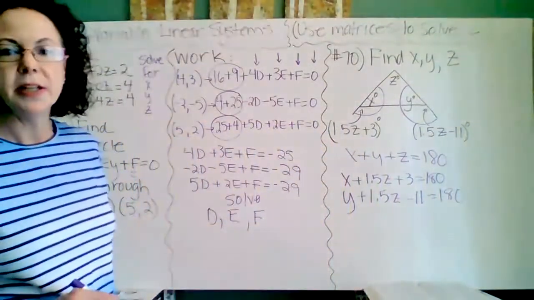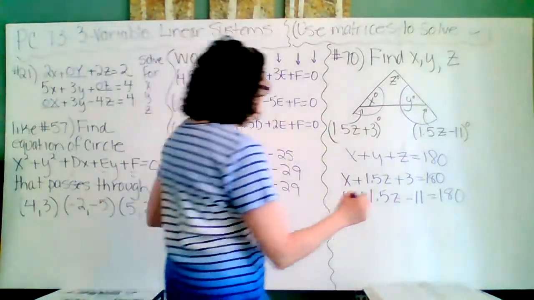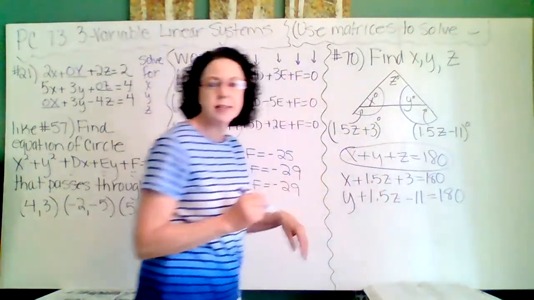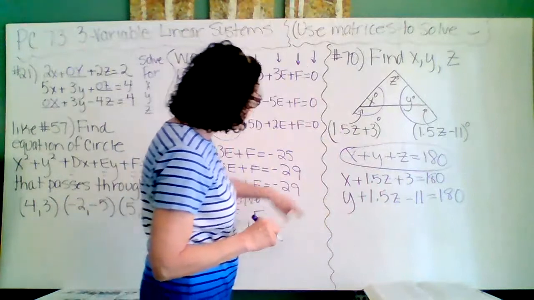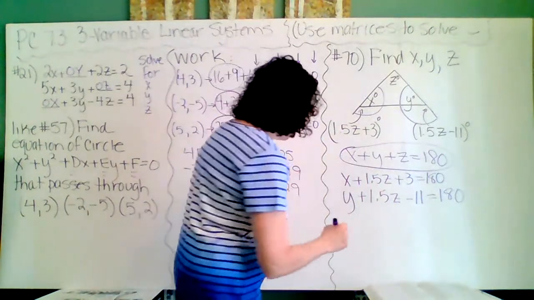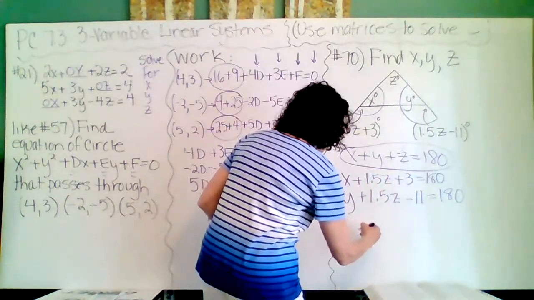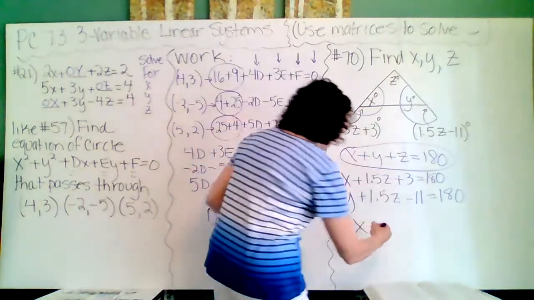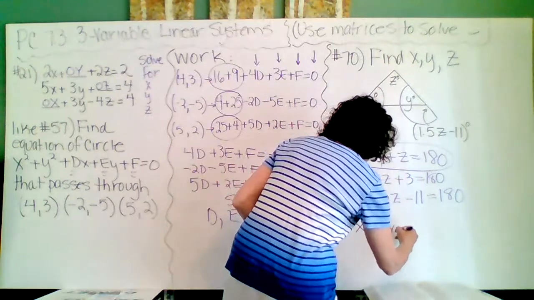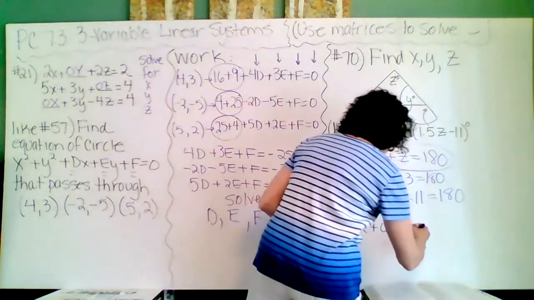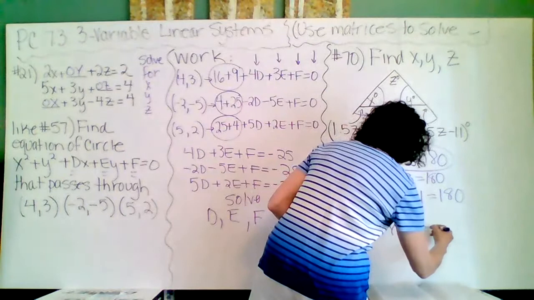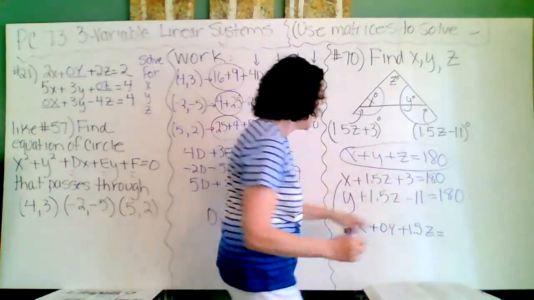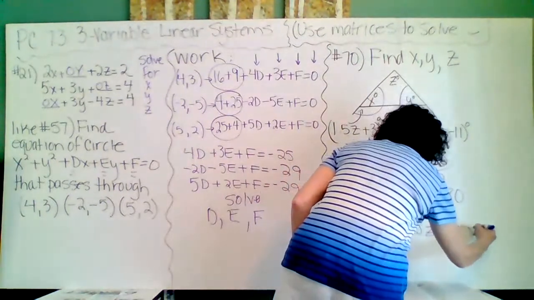I just have to make sure these equations are matrix ready. I am going to circle the first equation because it is matrix ready. Okay, let's take a look at the second equation. I have 1x. I have 0 y's. I have 1.5z equals, and I'm going to subtract a 3 from both sides and get 177.